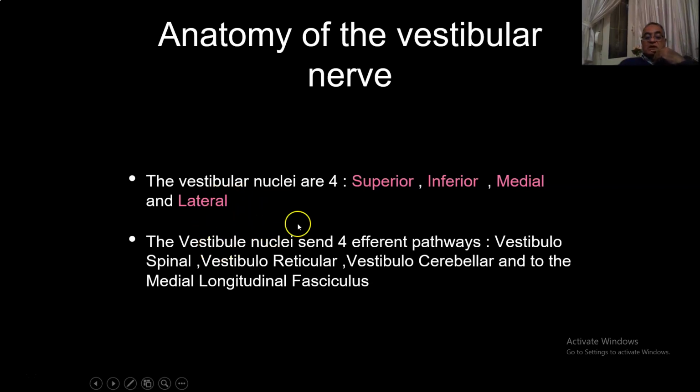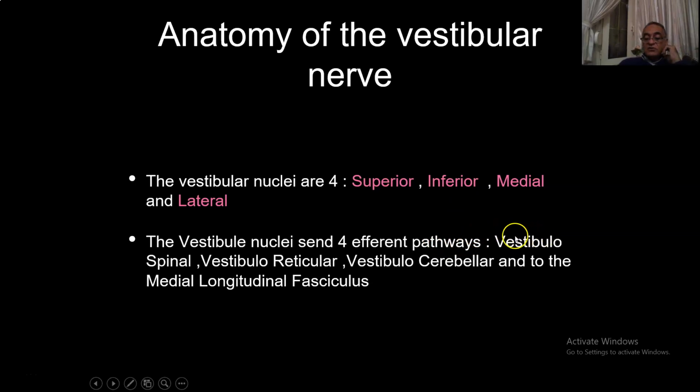So the vestibular nuclei are 4, and they send 4 efferent pathways: the vestibulospinal to the spinal cord, vestibulo-reticular to the reticular formation, vestibulocerebellar, and to the medial longitudinal fasciculus. Why? Because the information they are giving about the posture, about the position, is very essential for the posture.